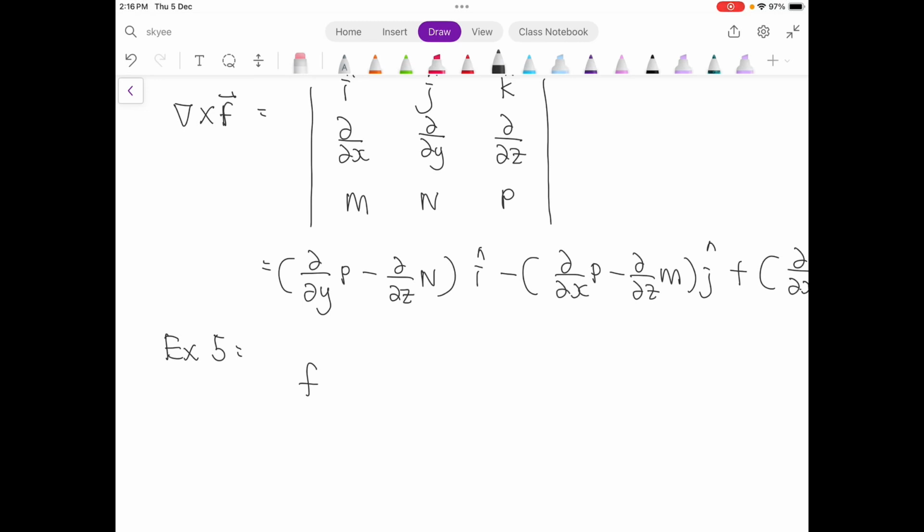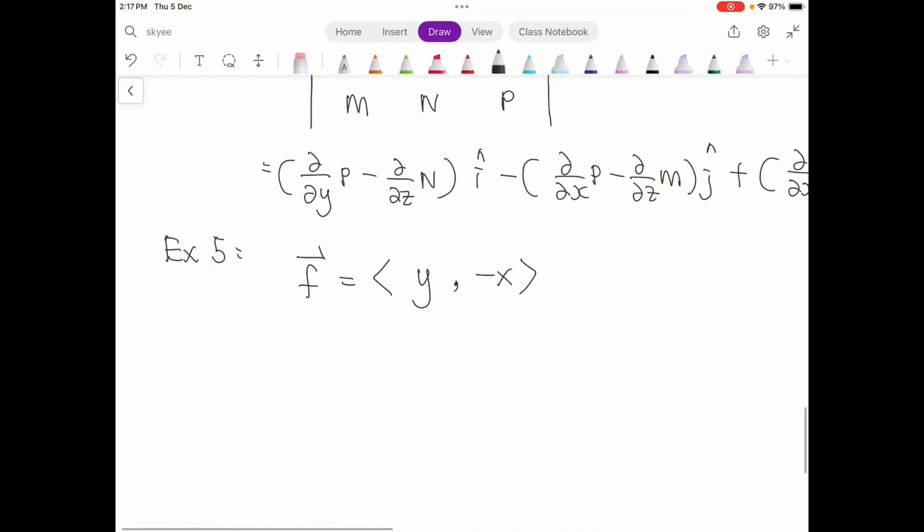So now if we have f, this is the function: y, negative x. So y represents the i component, negative x represents the j component, and you have to find the curl of the vector field. So arrange the matrix.